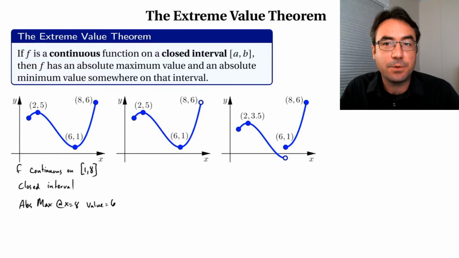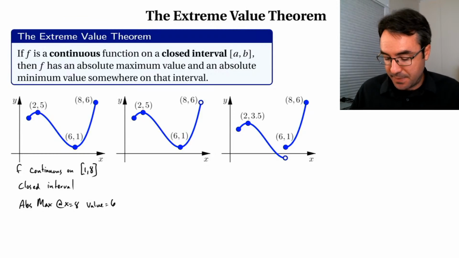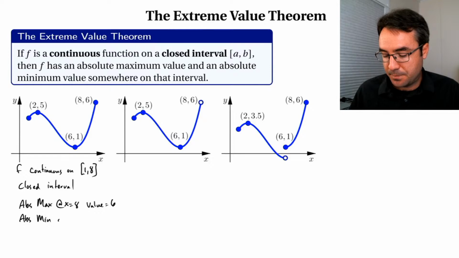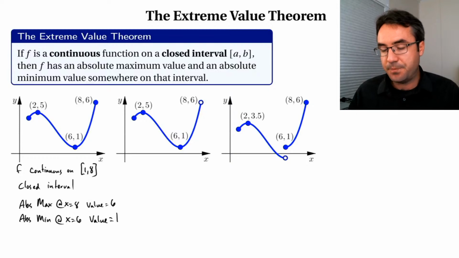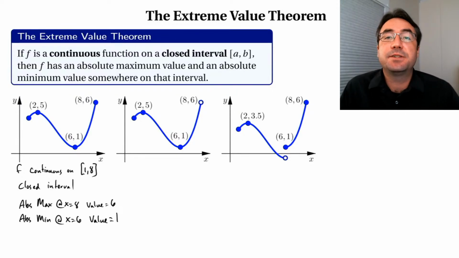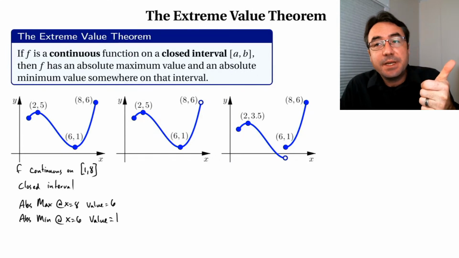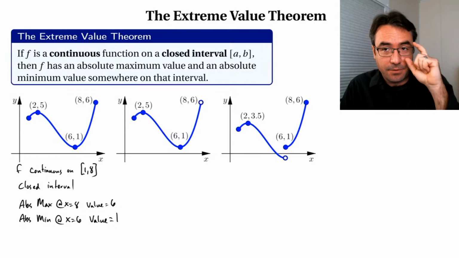The lowest point, our absolute min, happens at x equals 6, and the absolute minimum value there is 1. So that first graph is an example of a function that satisfies the necessary conditions for the extreme value theorem. It has to be continuous on a closed interval.